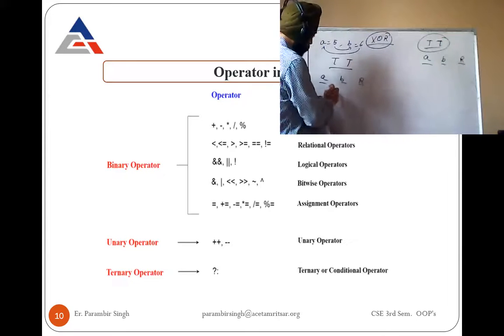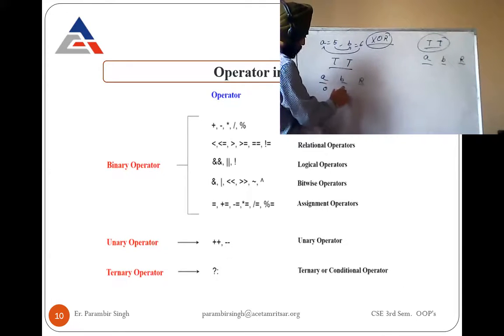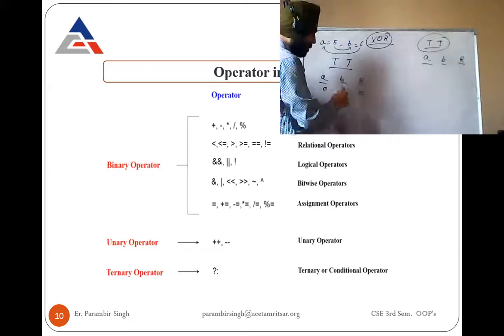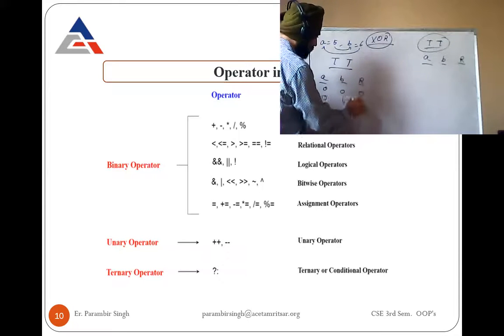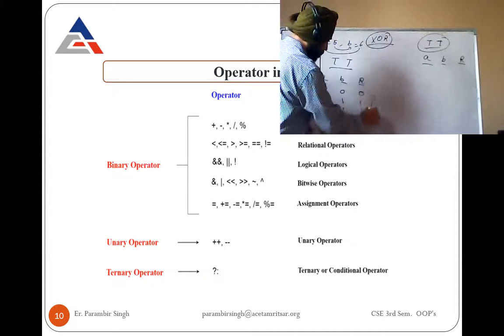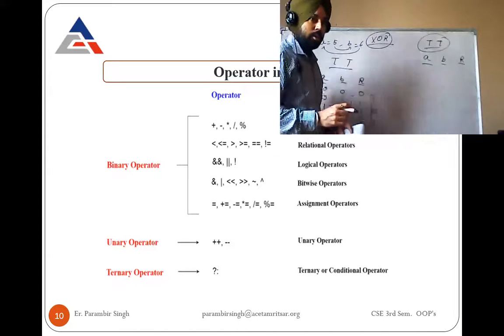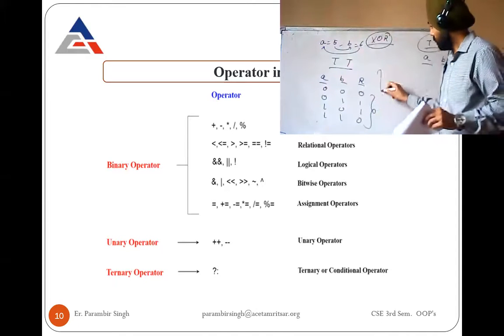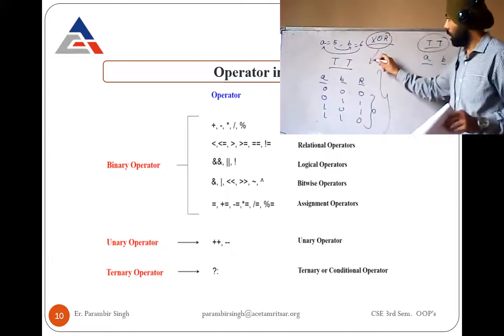Here I am going to tell you about A's value being 0. If both values are 0, the answer is 0. For 0, 1 it is 1; 1, 0 it is 1; 1, 1 it is 0. So this is the truth table of XOR.